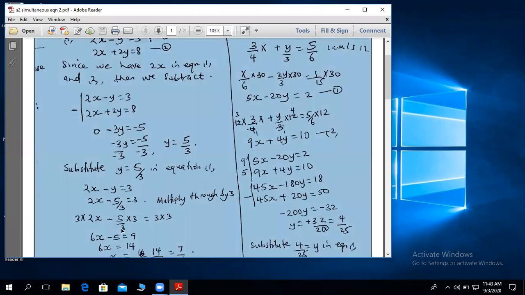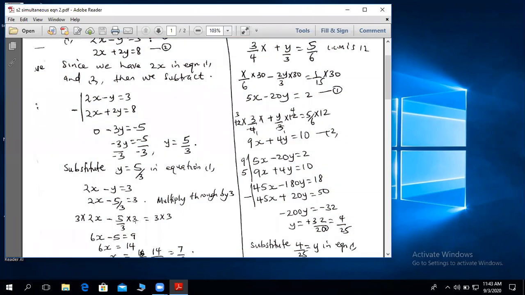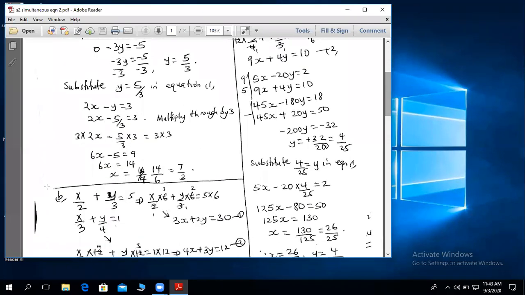This 3 will cancel with this, and we have minus 5 equal to 9, and 6x is equal to 14, and when I divide by 6, and divide by 2 here, I have my answer as 7 out of 3. So that is how we are supposed to do part A.